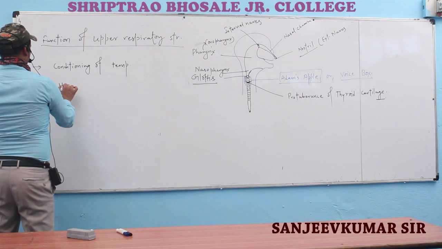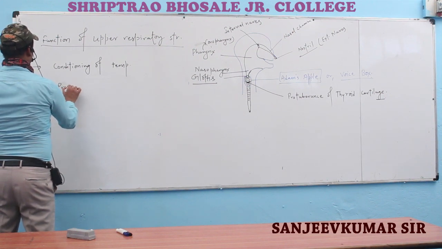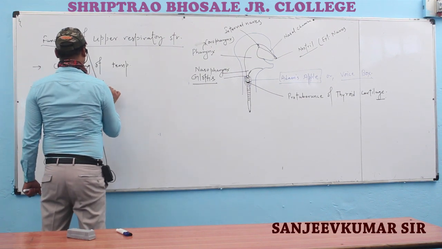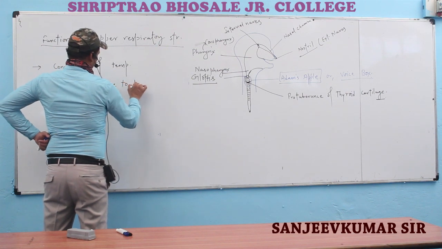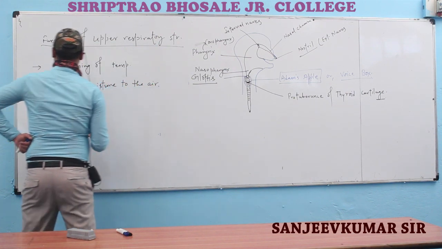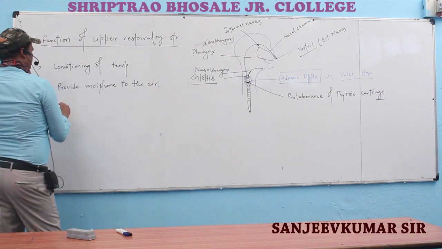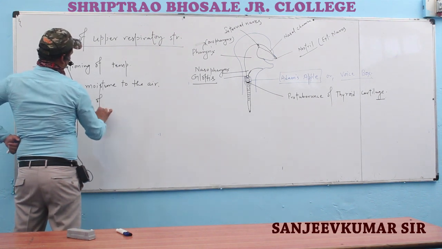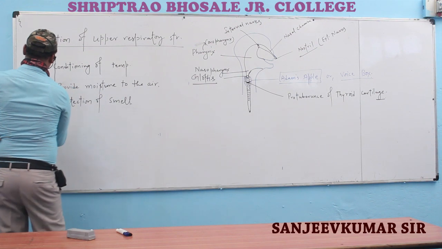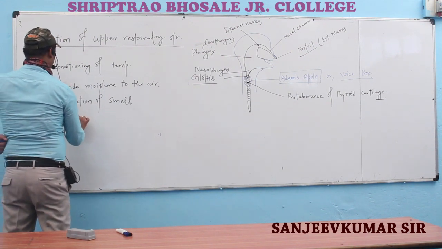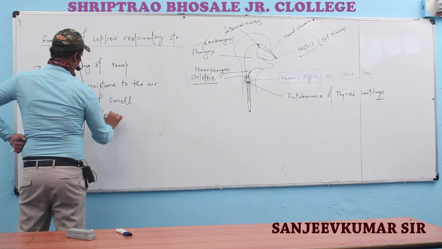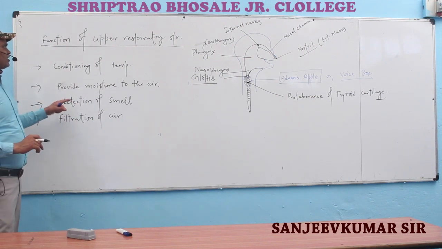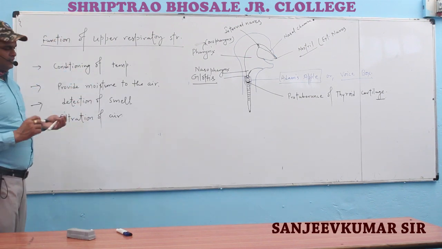Second, providing moisture to the air. Third, detection of smell, and filtration of air. So these are the basic functions of the upper respiratory structure.